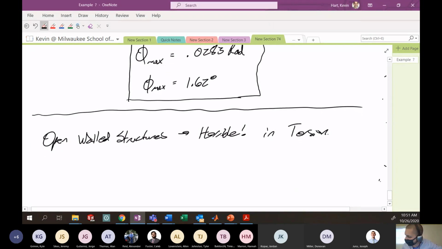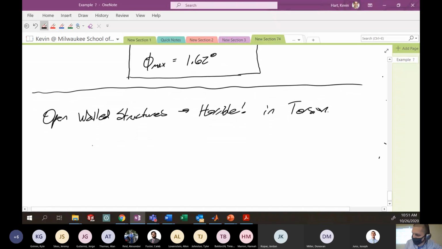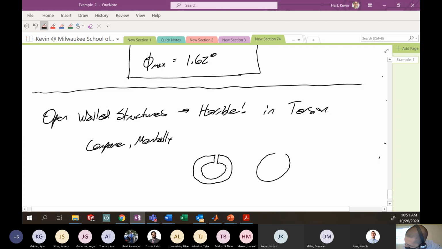If you have experience or have seen this before, compare mentally these two cross sections. Sorry for the rushed picture. Think about in your head, if you had the same materials and you were going to put both of those into torsion, which one's going to hold up better?